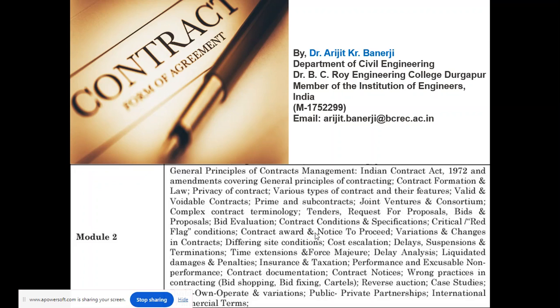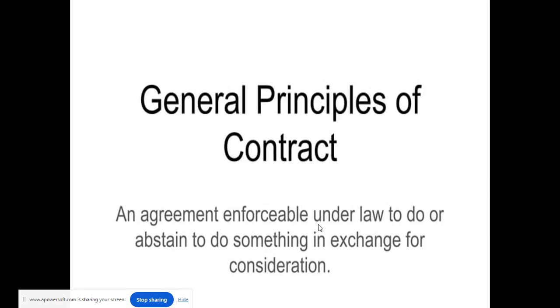So while moving on to the topics, the contract. Basically, a contract, we all know, is a type of agreement between two or more parties which will be administered by the law. Under the law, an agreement is every promise and every set of promises forming the consideration for each other.